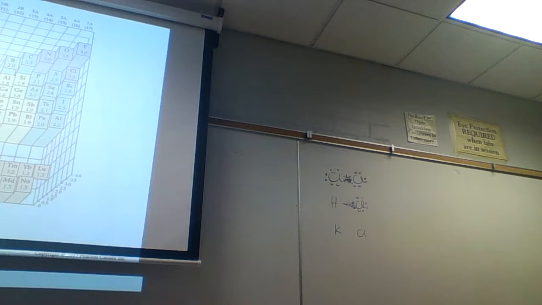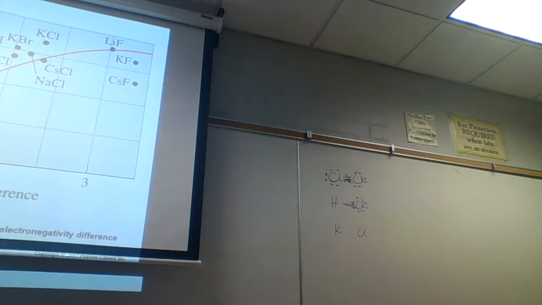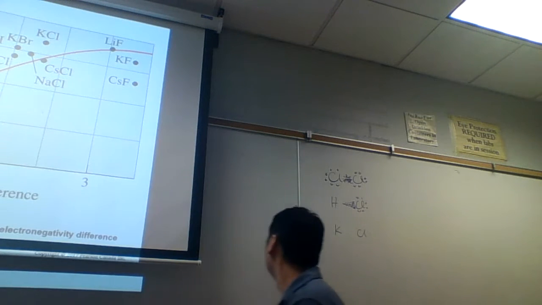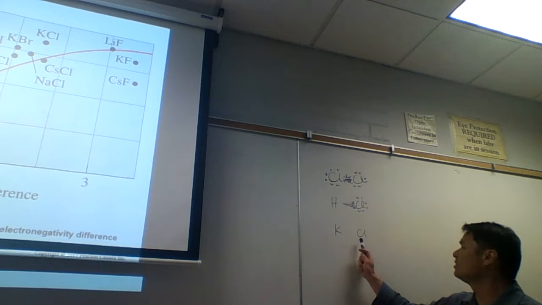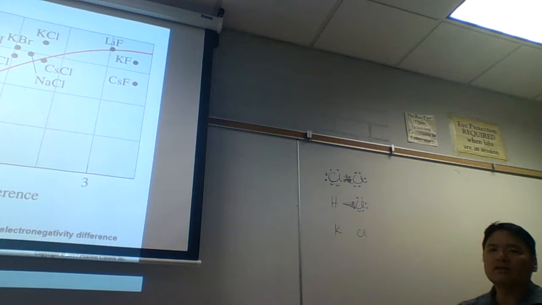And then chlorine's a 3.0, which means a 0.8 and a 3.0 is going to give it an electronegativity difference of 2.2.